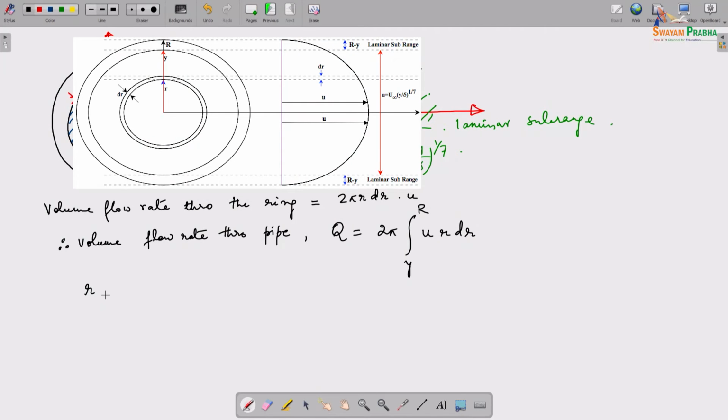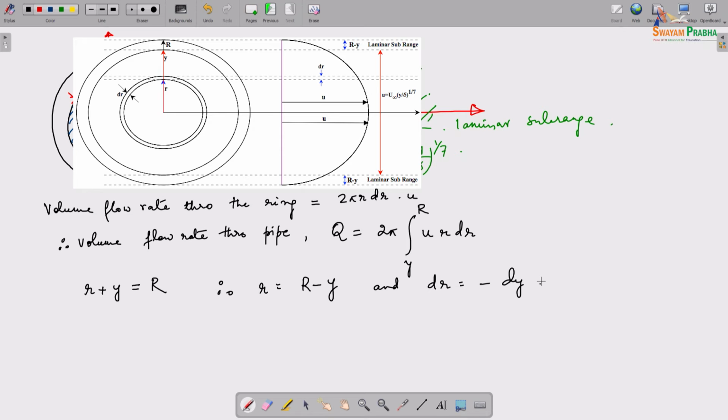Now, as you can see here, r plus y is equal to R, right. So therefore r is equal to R minus y, and dr is equal to minus dy.